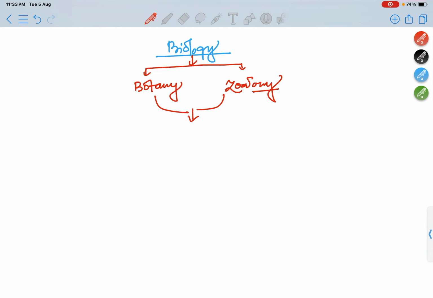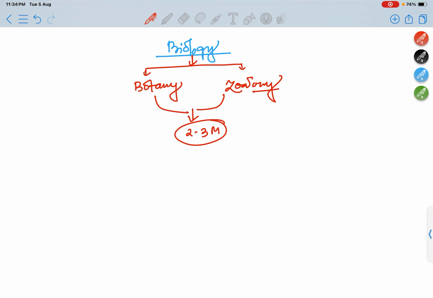Both subjects together comprise 2 to 3 marks, as we have seen in the previous year questions. So we have to read them very superficially. We don't have to go deeper, because if we go deeper, it is just a loss of time. We will cover the subject very superficially.